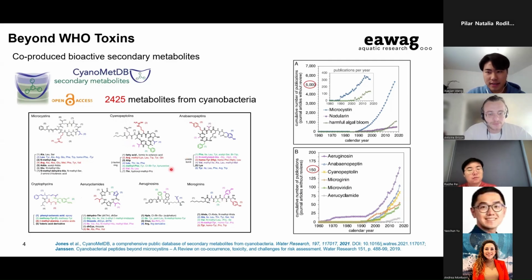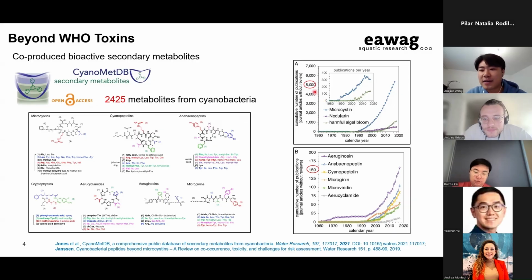And actually, until now, there are some reports saying that some of the metabolites from cyanopeptolins and the other classes are bioactive. They could, for example, inhibit enzyme activity, which requires us to further evaluate whether they are toxic or not. However, even though there are so many other metabolites co-produced together with microcystins, they receive less attention, as we can simply see from the publication numbers.